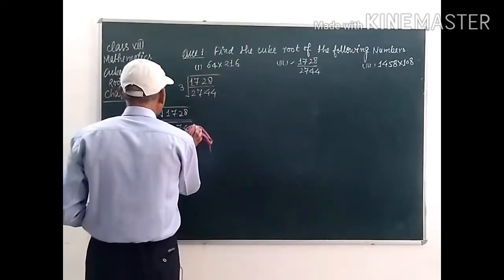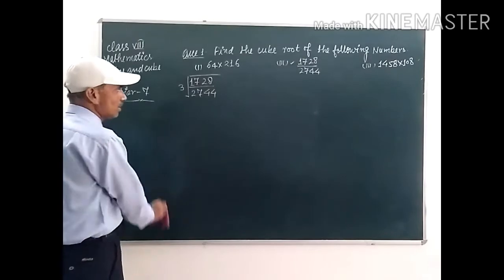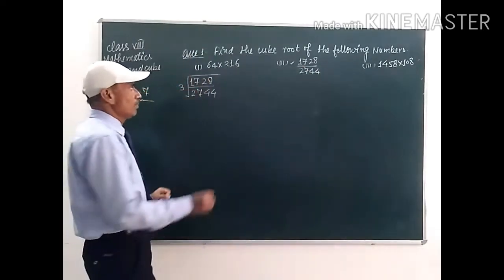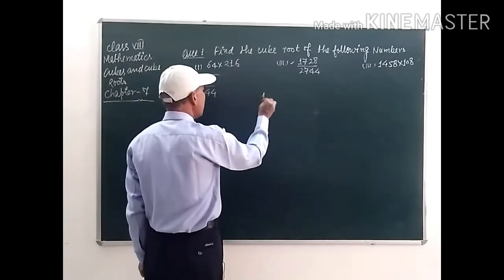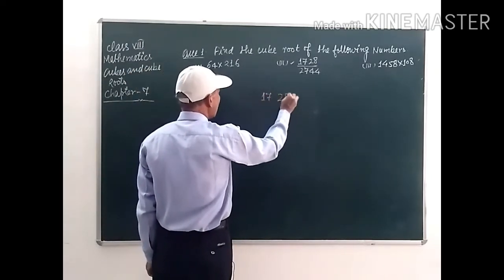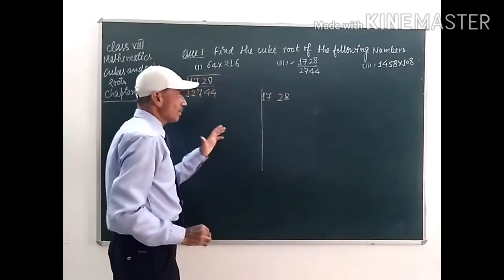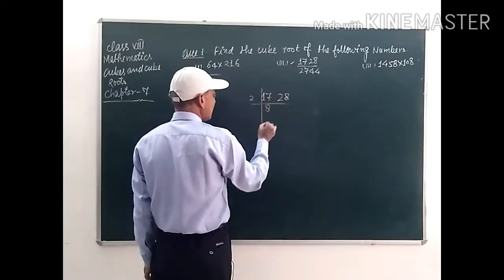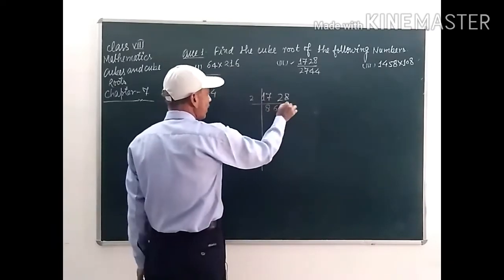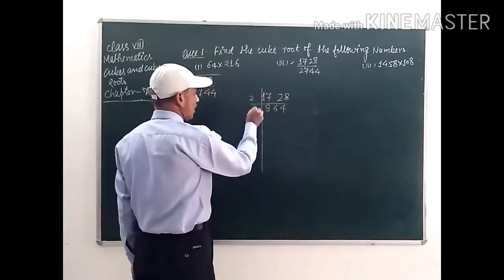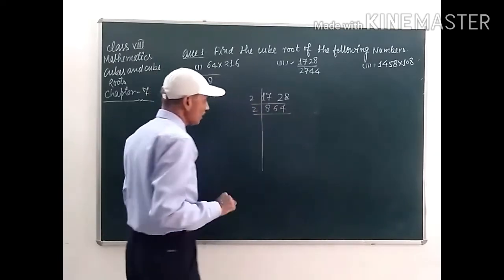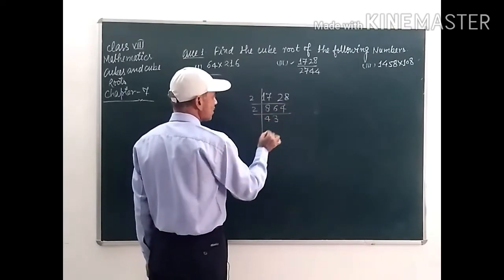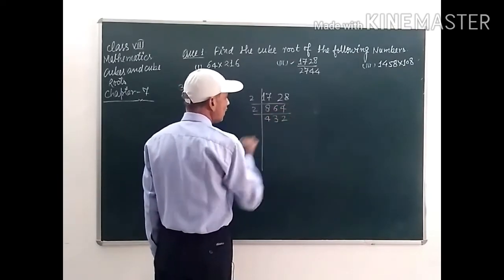But before finding the cube root of these numbers, first of all you have to find the prime factors of the given numbers. So 1728, factors of this number. Divide by 2: 2 8s are 16, 2 6s are 12, 2 4s are 8. Again by 2, 2 4s are 8, 2 3s are 6, 2 2s are 4.